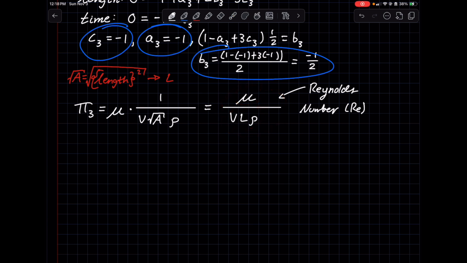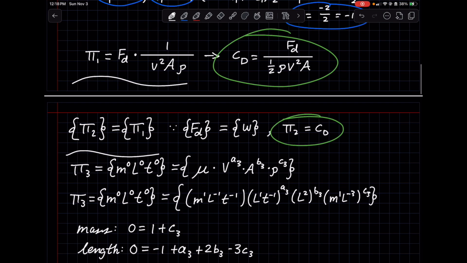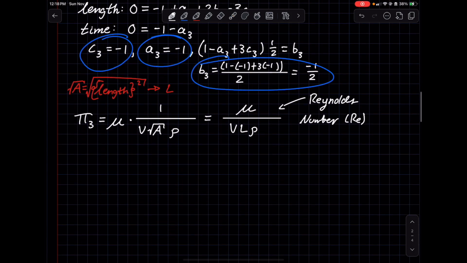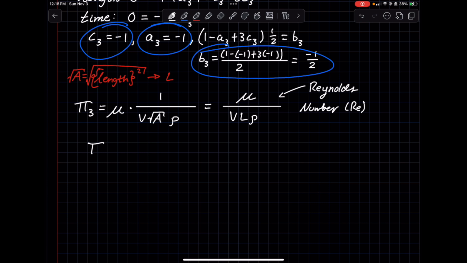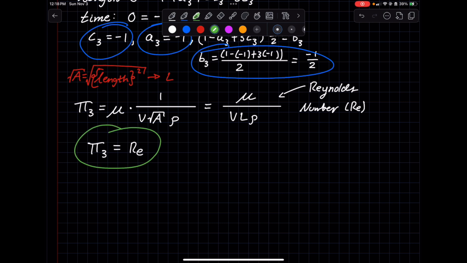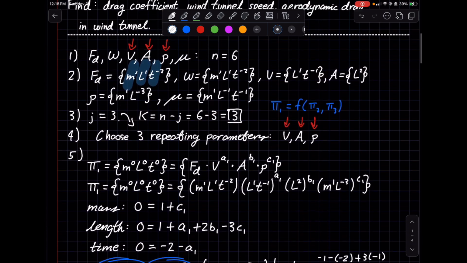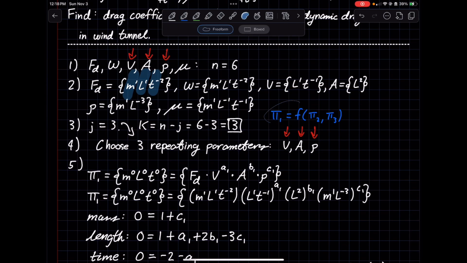So similar to what we did with our coefficient of drag with this whole 1/2, as we're just that close and we know that our relationship is right there, what we can say is that pi 3 is equal to our Reynolds number. So that is generally how you do dimensional analysis. So all we have to do at this point is, do I still have this at the top? Yep, all we have to do up here is plug in our pi 1, pi 2, and pi 3 to this general form.